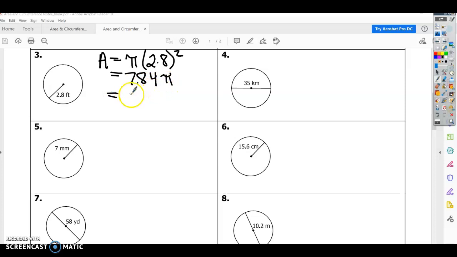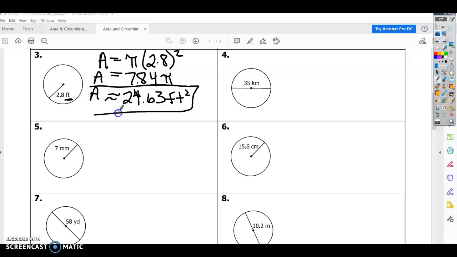And if I multiply that by pi, I get 24.63. And this is in feet. So I'm going to do feet squared. And anytime I multiply that by pi, I need to use the squiggly line instead of the equal sign because that is an approximate answer.